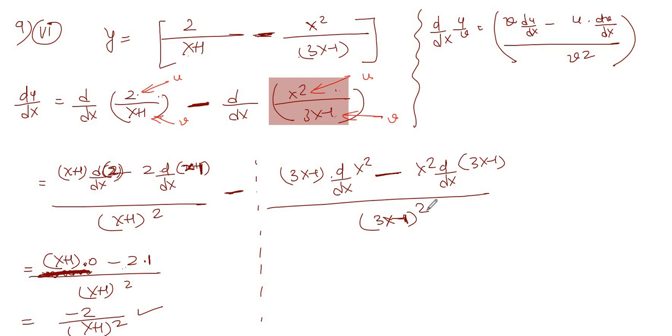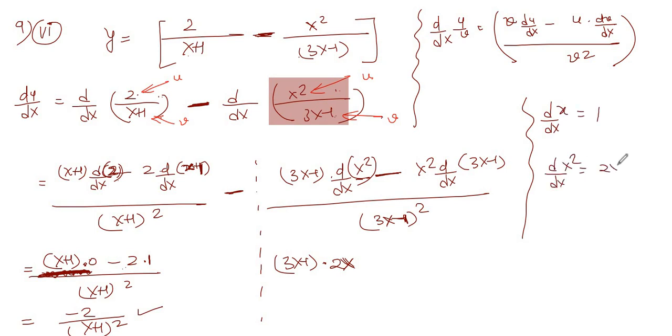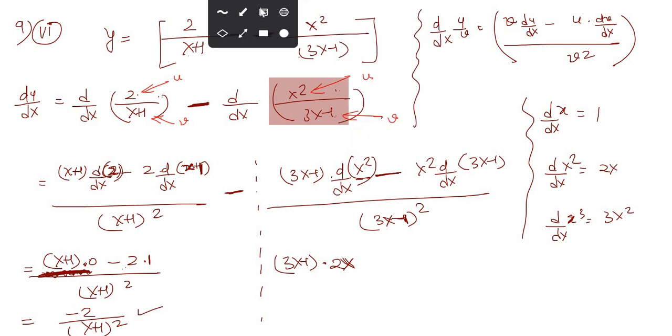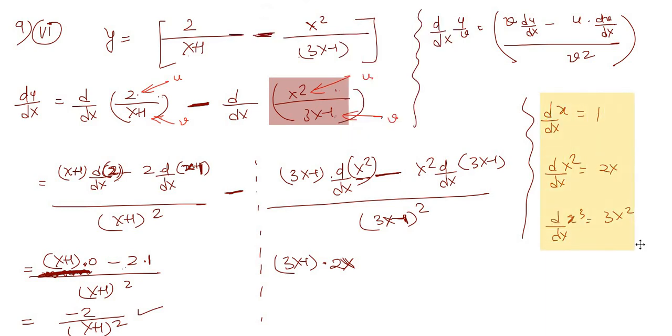Okay, so now this will be 3x minus 1. What is the derivative of x square? 2x. This we have to memorize. Look here, these three formulas you should know. The derivative of x is 1, the derivative of x square is 2x, and the derivative of x cube is 3x square. These three formulas should be on your fingertips because we use them multiple times.